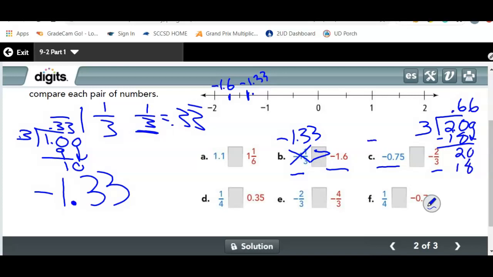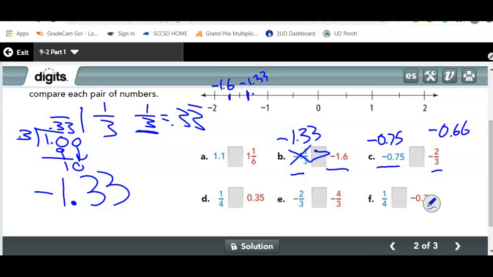So now we have negative 0.75 compared to negative 0.6. Okay, use the number line to help you. What two whole numbers are these both in between? Nathan. 0 and 1.